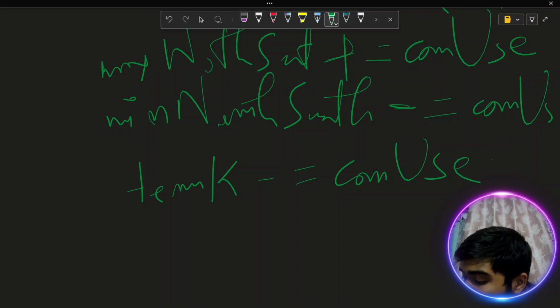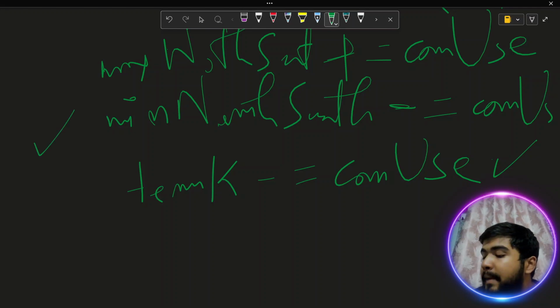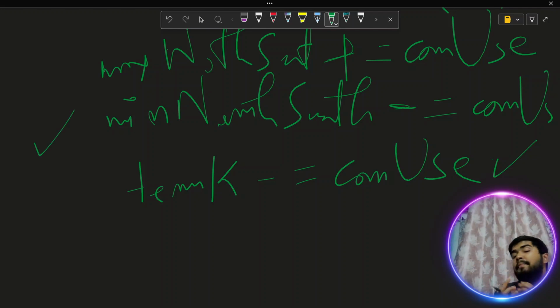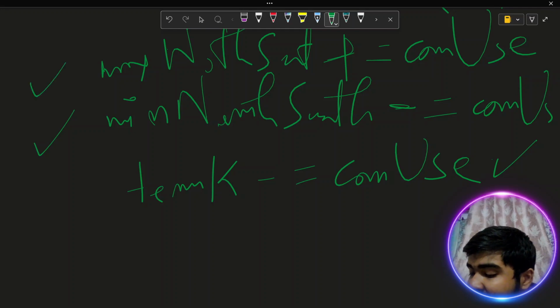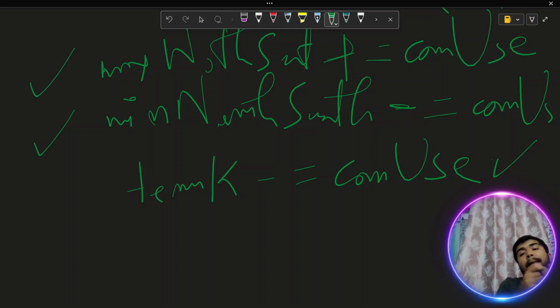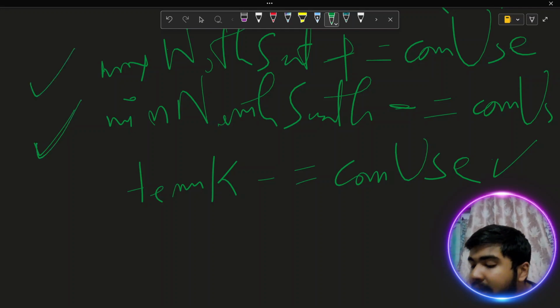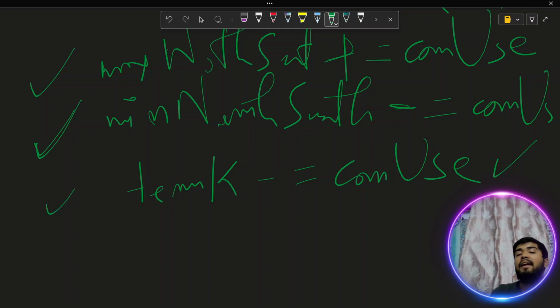By using that many k, we are decreasing the minimum north south count by that much, because I am going to convert them to the max value. Either my north is max or my south is max; I don't want to consider who is max. Whoever is max, I am just adding that many can use to the maximum one and subtracting that many can use from the minimum one, and I am also decreasing my temp k. So that many temp k I have used for my north south.